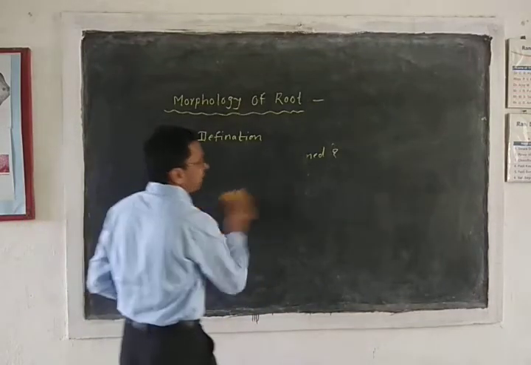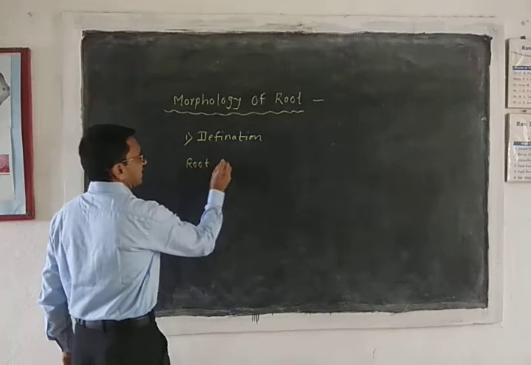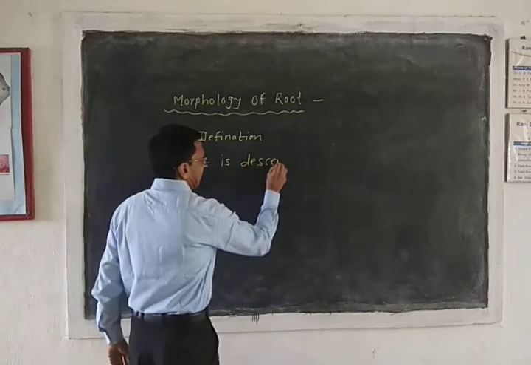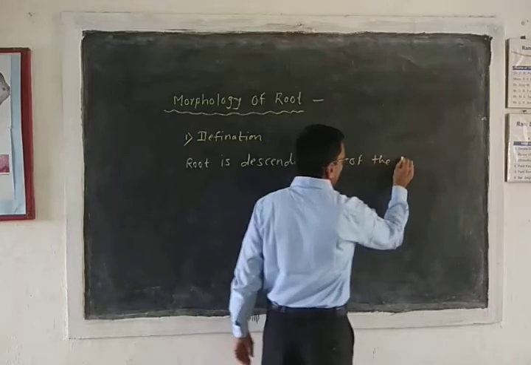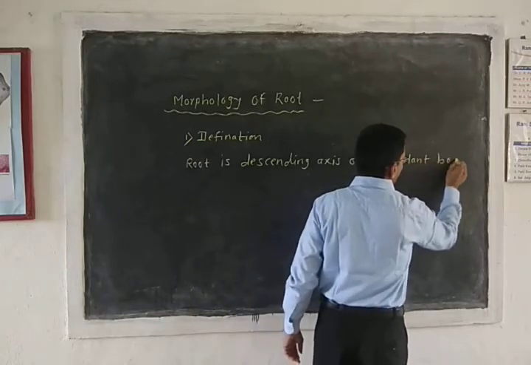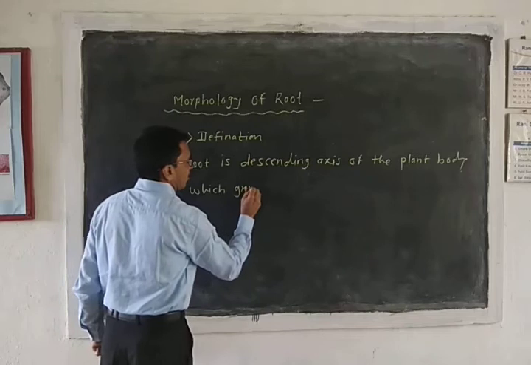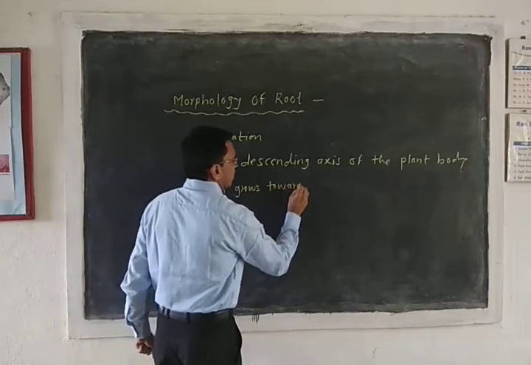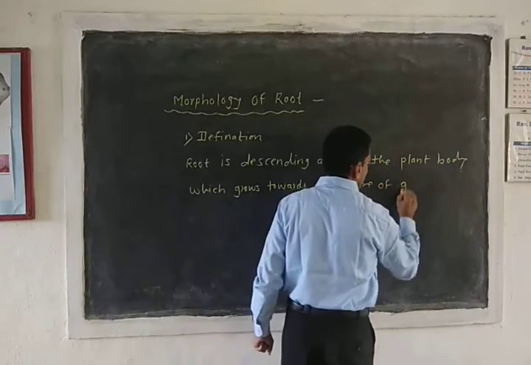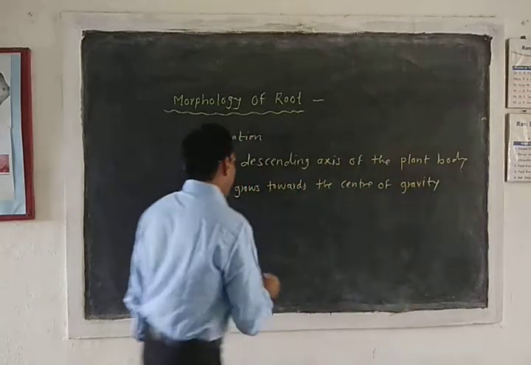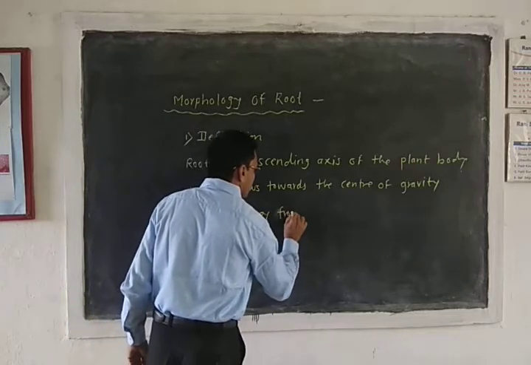Root is a descending axis of the plant body, which grows towards the center of gravity and away from sunlight.